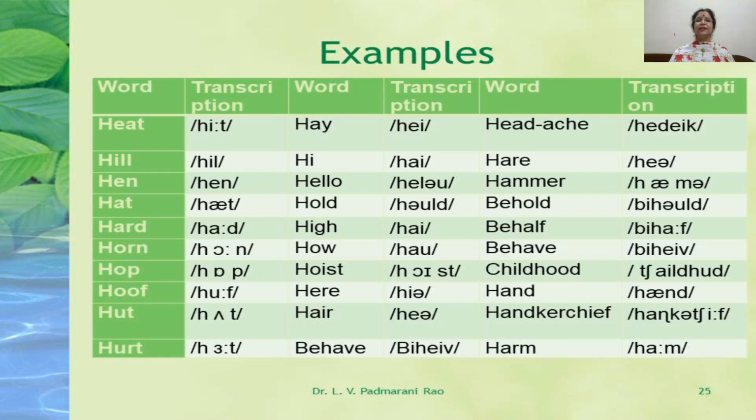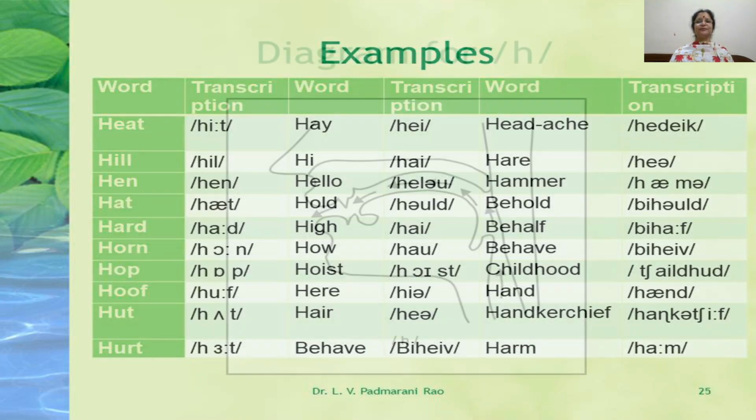Childhood, childhood. That's right. H-A-N-D, hand. H-A-N-D-K-E-R-C-H-I-E-F, the piece of cloth that we carry in the hand. Handkerchief, handkerchief. H-A-R-M, harm. Very good. Practice these words and many more for a proper pronunciation of the h sound.